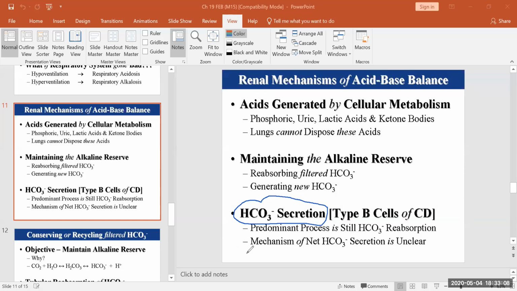And amazingly, to this day, the exact mechanism as to how the body is secreting bicarbonate is still unclear. The exact molecular mechanism is still unknown. So that's another topic for your PhD thesis if you want to pursue your PhD degree, becoming a scientist.